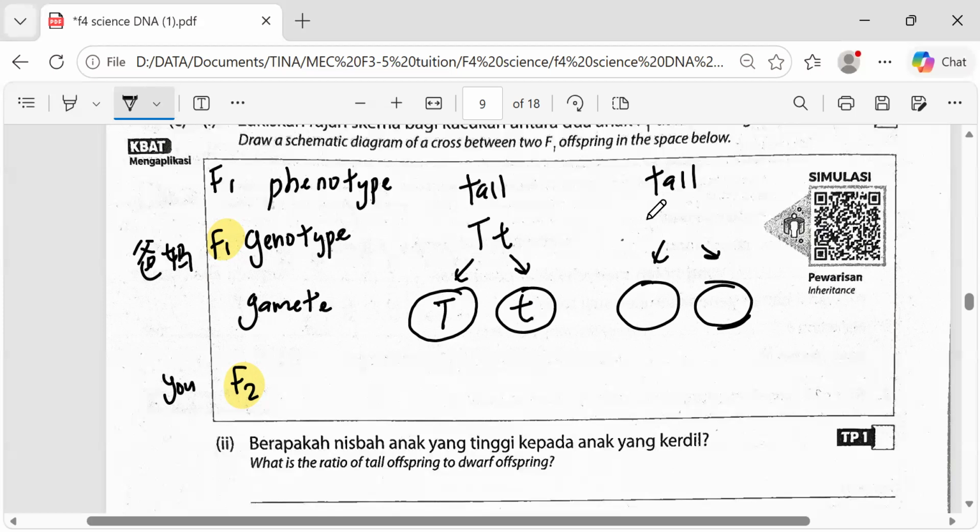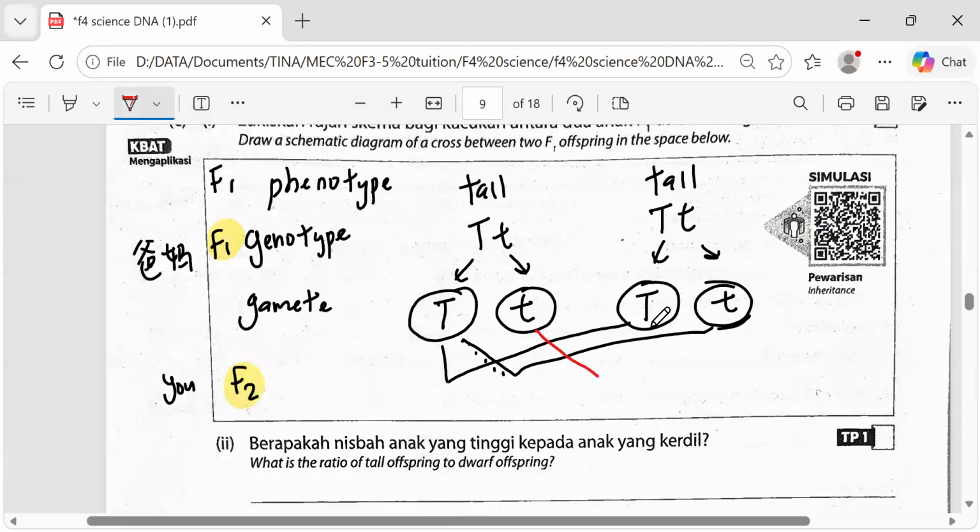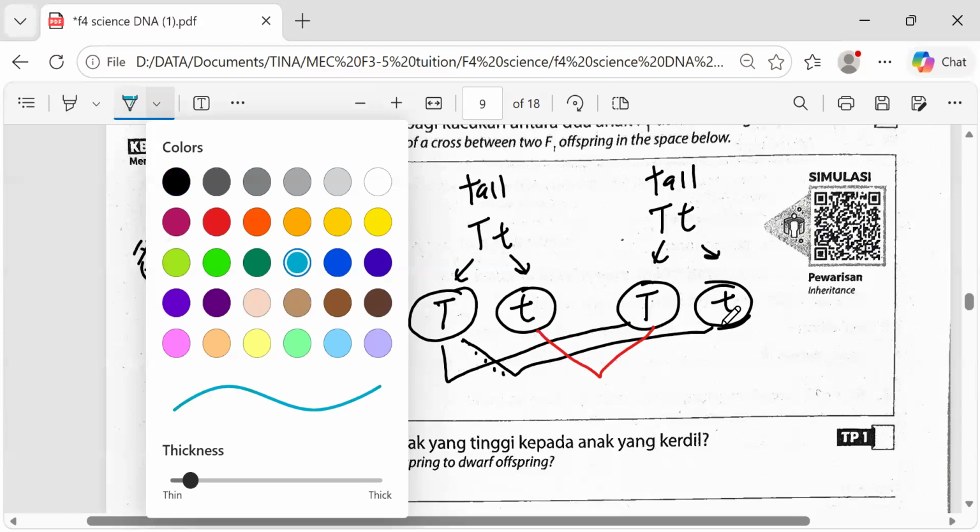Alright. So big T, small t, right? This one is also big T, small t, this one will be big T, small t, right? Okay, so how do you do it? This one can go with this one, or this one can go with this one, correct? And then this one can go with this one, and finally, this one can also go with this one.